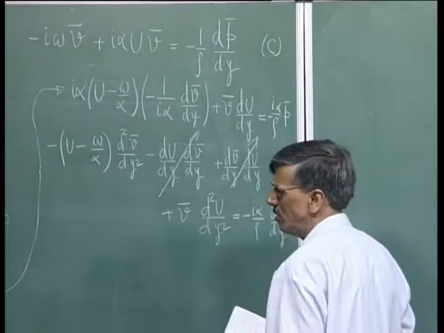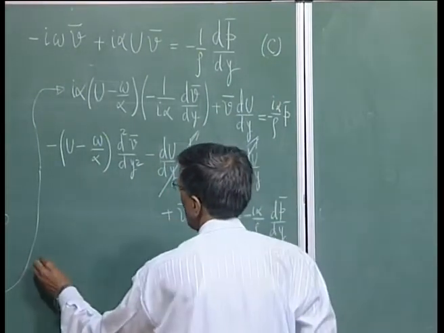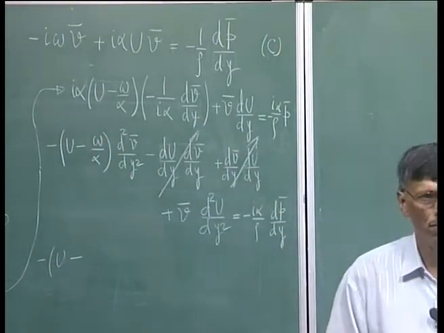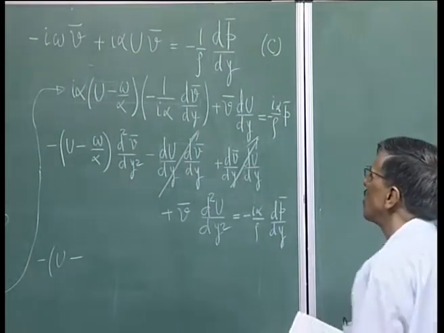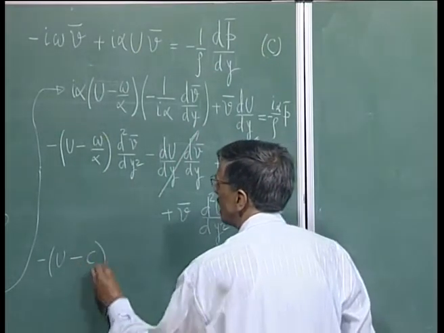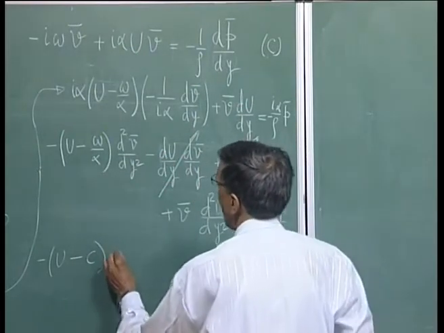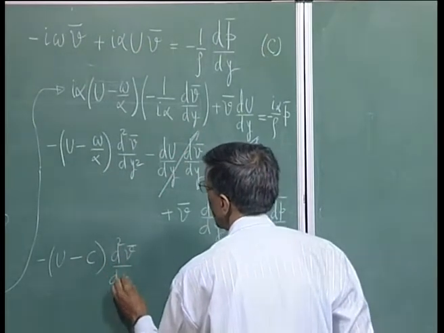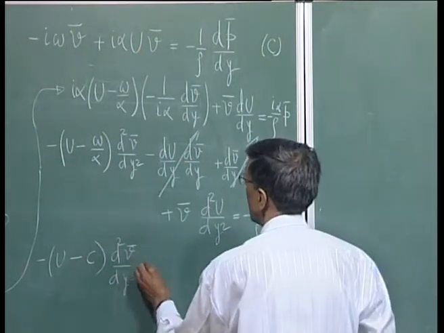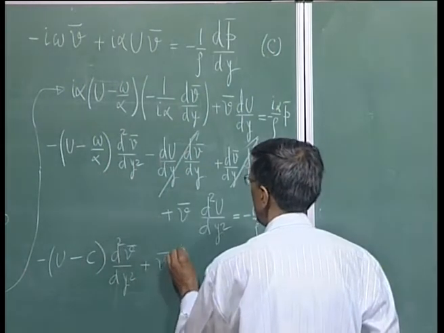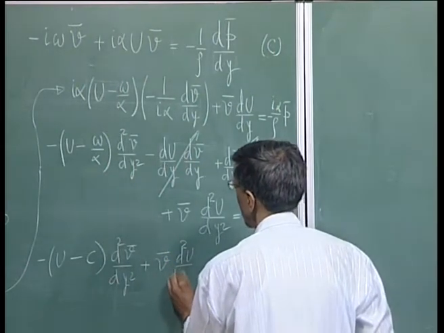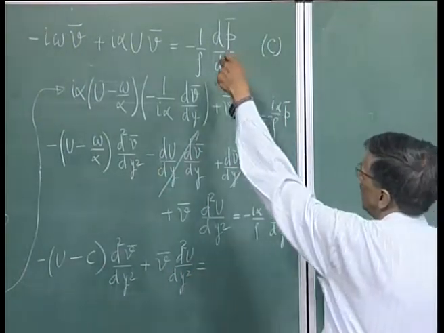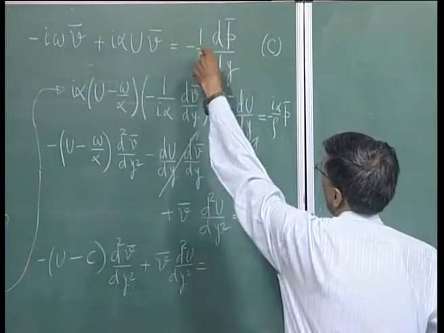You get this expression, minus of u. What is omega by alpha? Omega by alpha is the phase speed. That's the definition of phase speed. So I will write it as u minus c. Okay, and then I have d2v bar dy square plus v bar d2u dy square is equal to, I will have to get this. So I have 1 upon rho there.